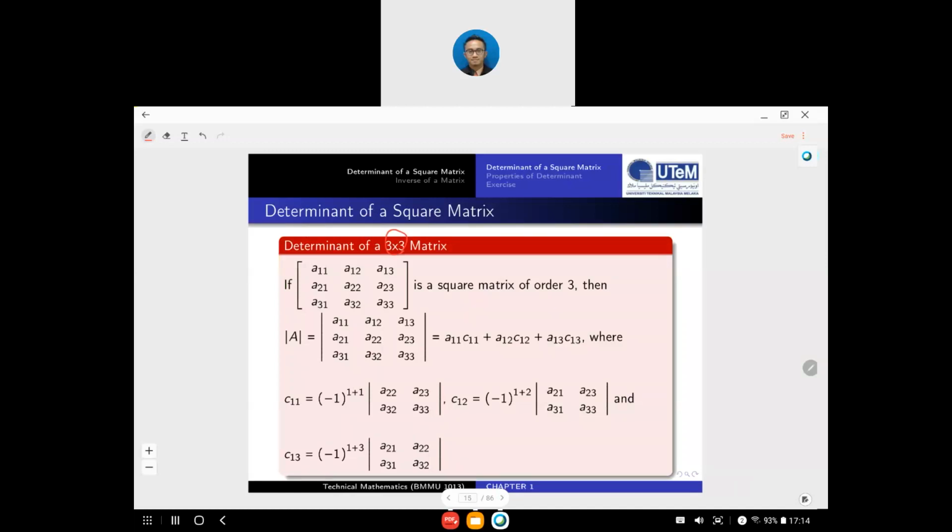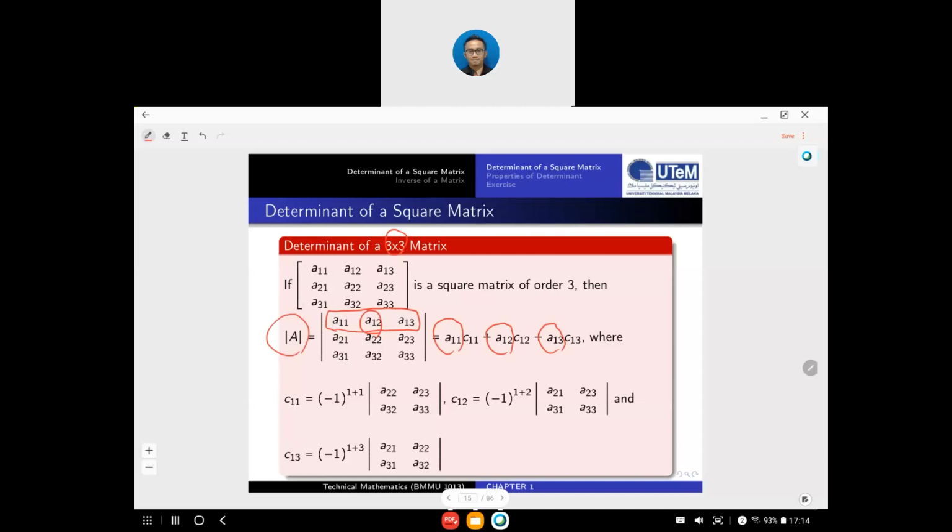For example, for matrix A, you can choose, and here we choose the first row, meaning A11, A12, and then A13.